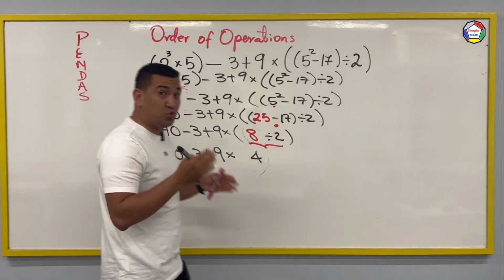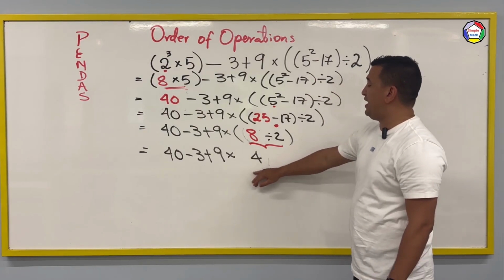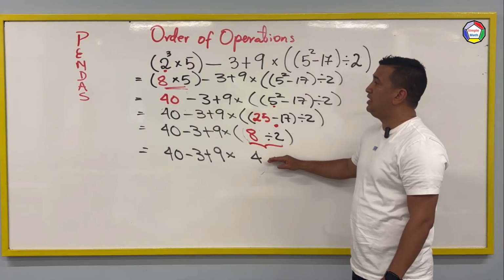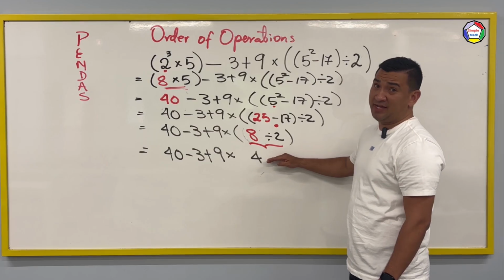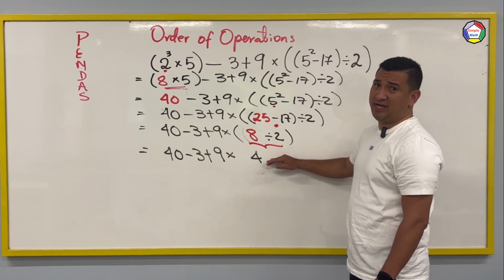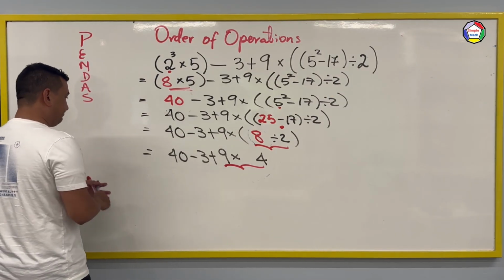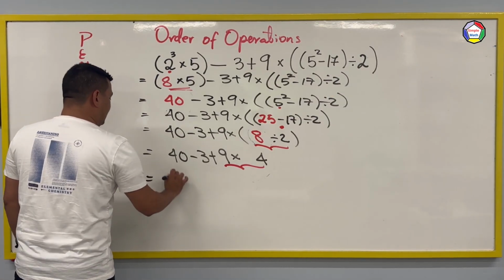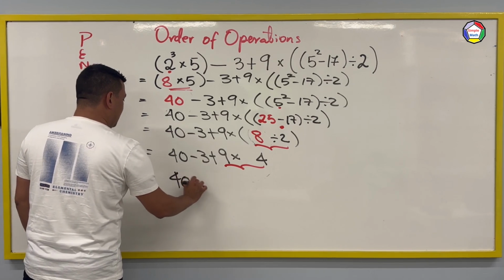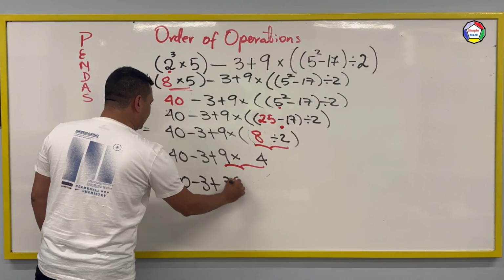Now I'm going to apply PEMDAS again. What is PEMDAS? Parenthesis. Do we have a parenthesis here? No. Exponent? No. Multiplication? Yes. I'm going to solve 9 times 4. So this is 40 minus 3 plus 9 times 4 is 36.